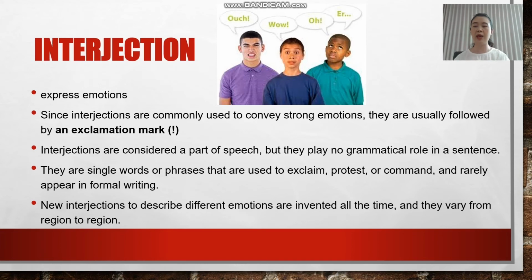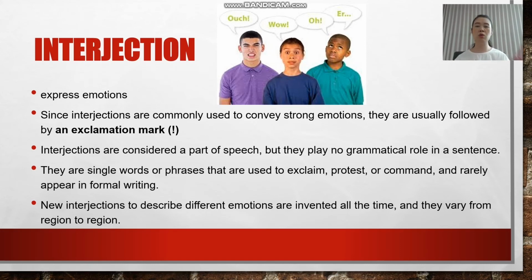And you can see that it's called an exclamation mark. Interjections are considered a part of speech, that's right, but they play no grammatical role in a sentence.